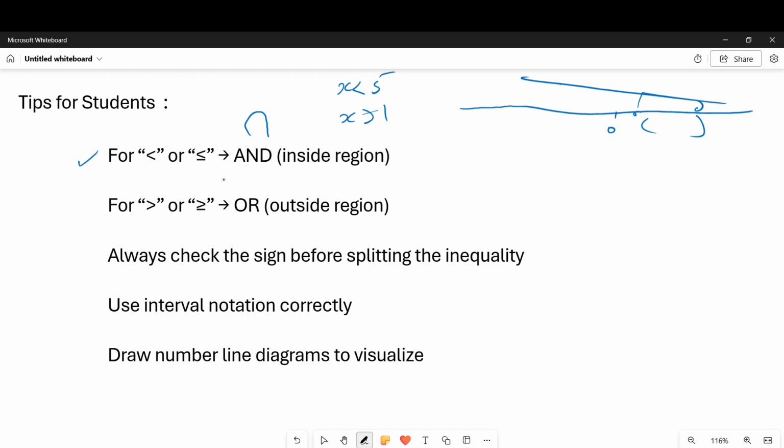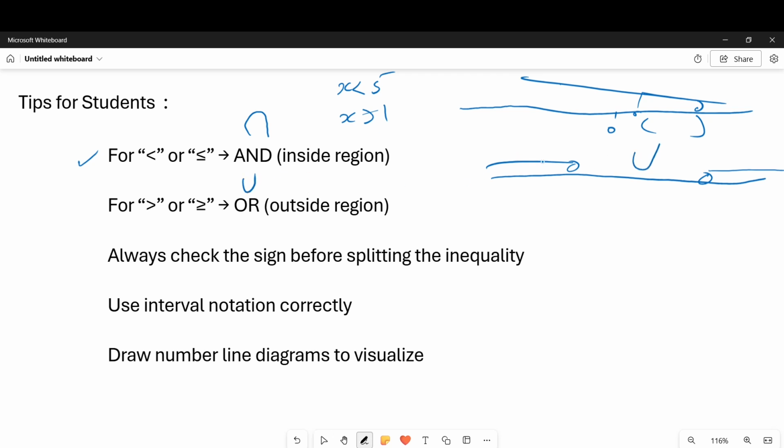For less than or equal to, we normally look for the 'and' symbol. The second case is greater than or equal to. In this case we are looking for the region outside, so the x values lie outside the region. These are two separate intervals, so we need to combine them using a union, so 'or' means a union.